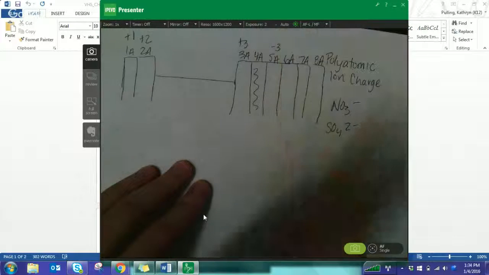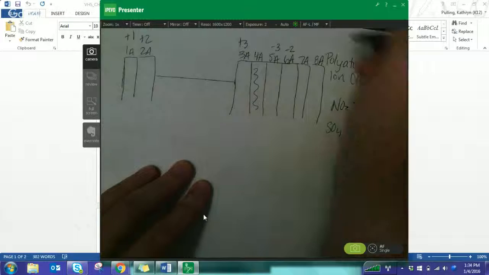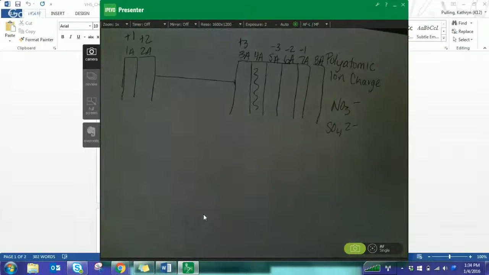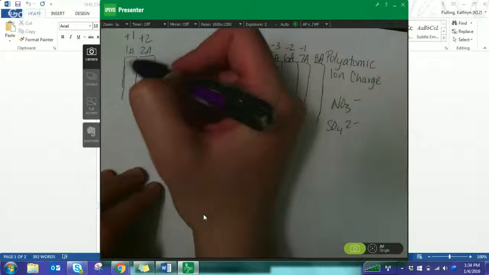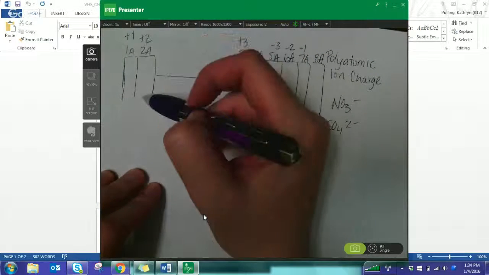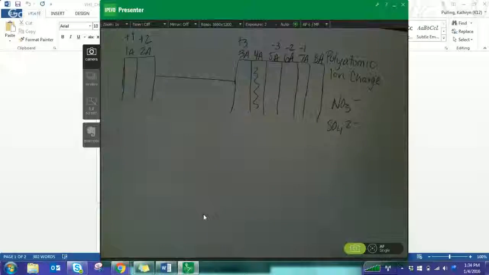So 3 extra electrons gives you a -3 charge. And then 6A picks up 2 for a -2 charge, and 7A picks up 1 for a -1 charge. Everything in this column makes a +1 ion. Everything in this column makes a +2 ion. Always and forever, at least for this class.